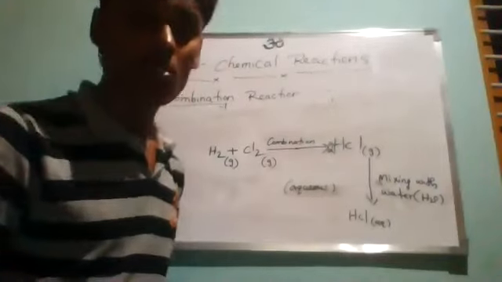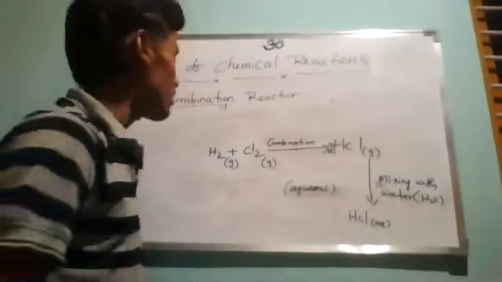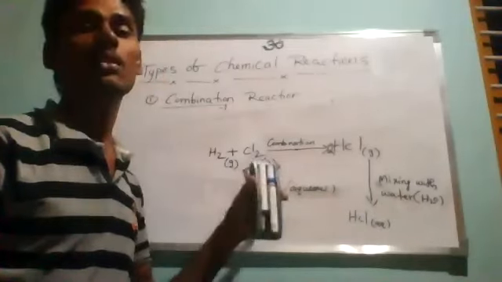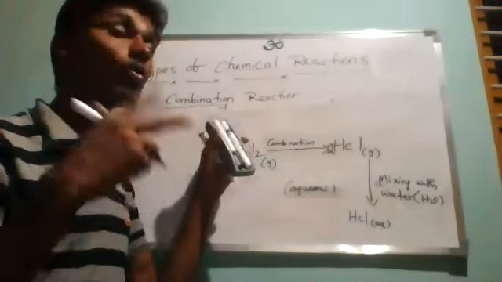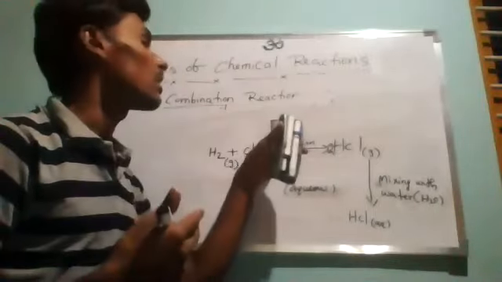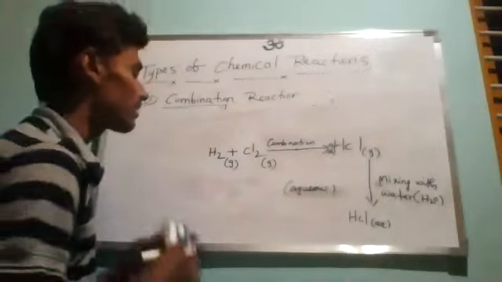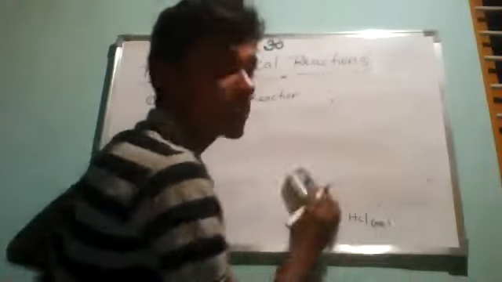Yes, thank you. So one more example which we are going to study is of the type element plus element. Two or more elements will combine and form a single product. This is also a well-known equation for us.